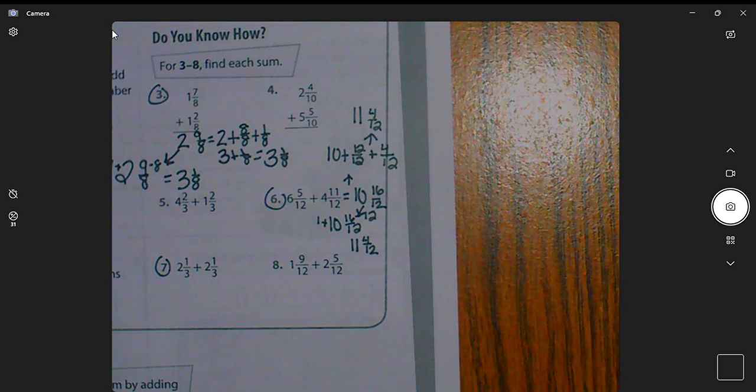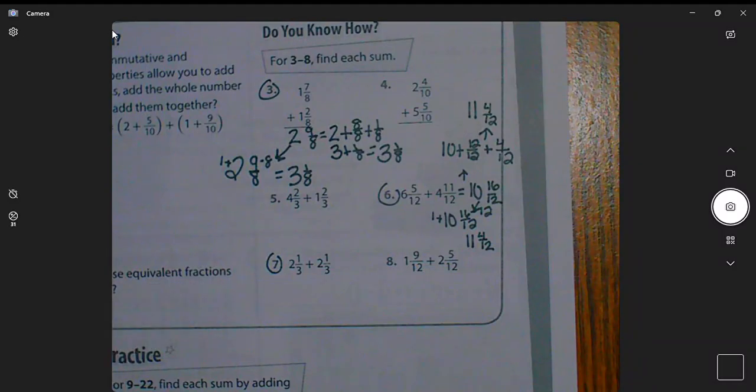Now, let's look at number 7. 2 and 1/3 plus 2 and 1/3. Step 1, add the whole, right? What's 2 plus 2?